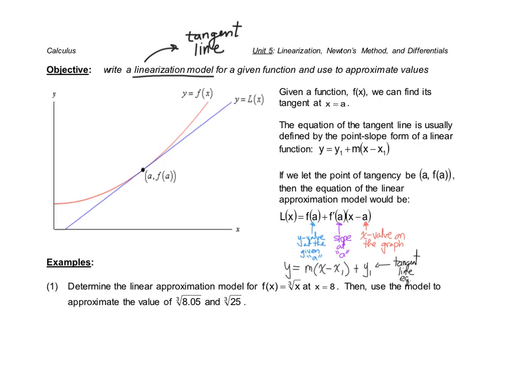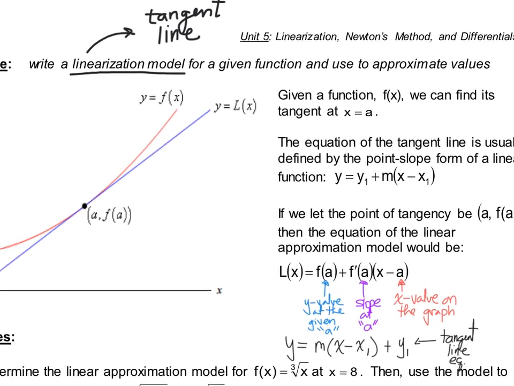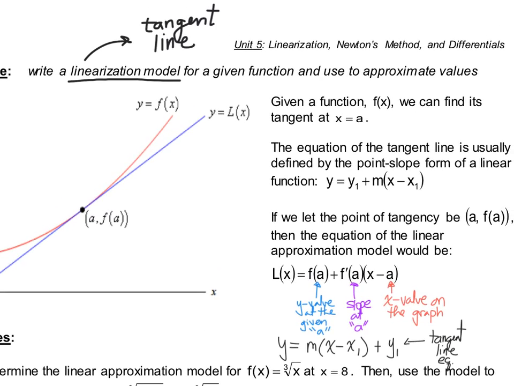Your calculator doesn't understand symbolic notation, but somehow it can give you a derivative at a point. What it's actually doing is following this idea. It's coming up with a linearization model and giving you a very, very good approximation of the solution. It's not actually doing the algebra behind the scenes.